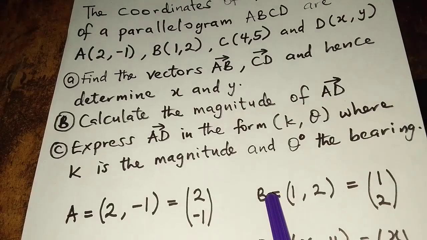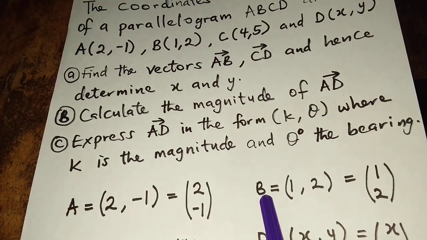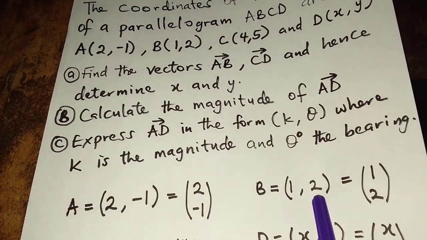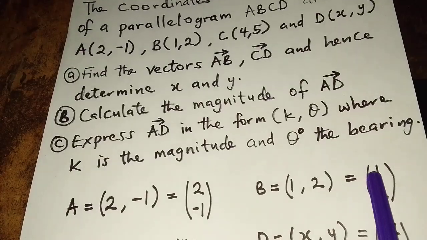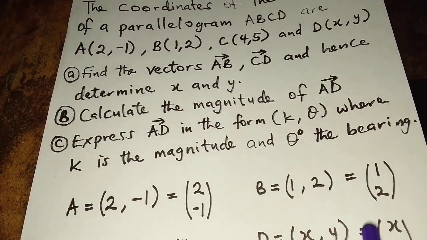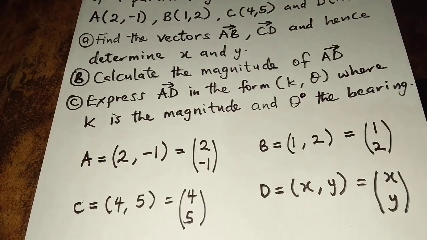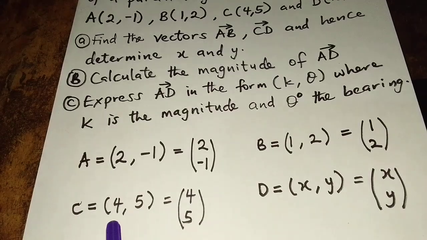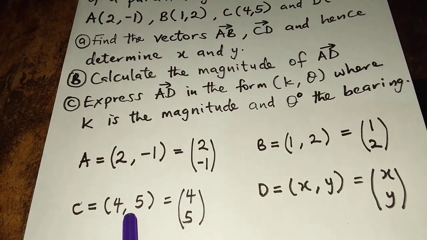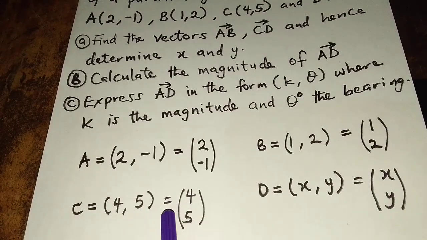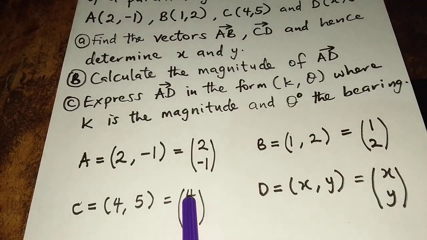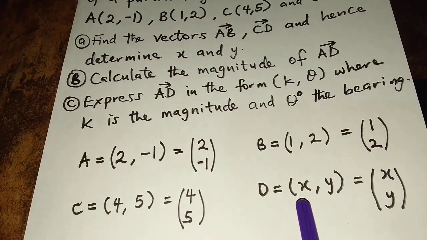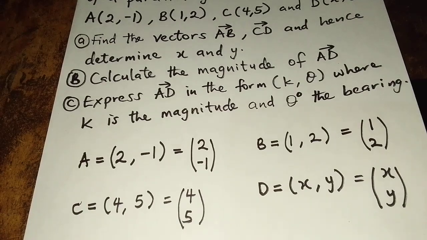Then we have coordinate B, when x is 1, y is 2. You can write the vector this way, 1, 2. Then coordinate C, when x is 4, y is 5, written as the vector 4, 5. And coordinate D, we don't know the values of x and y.